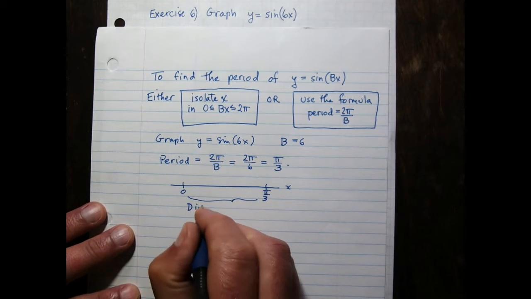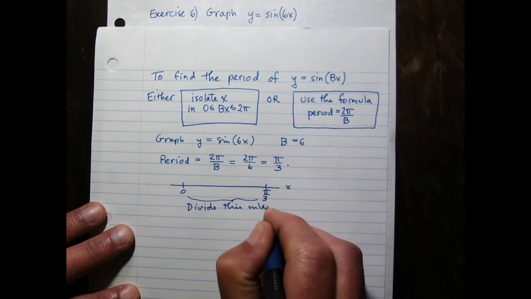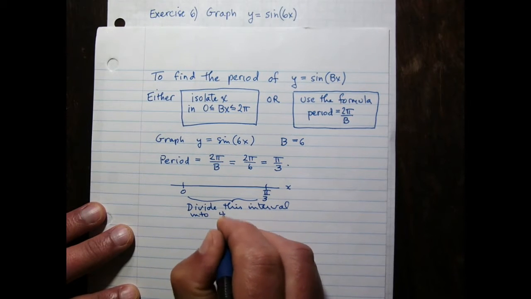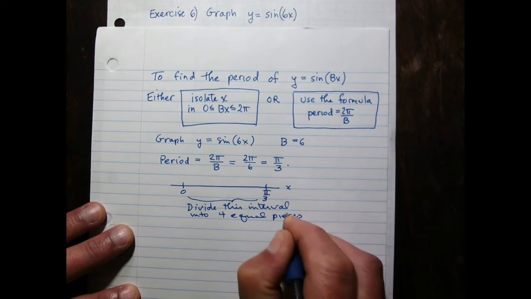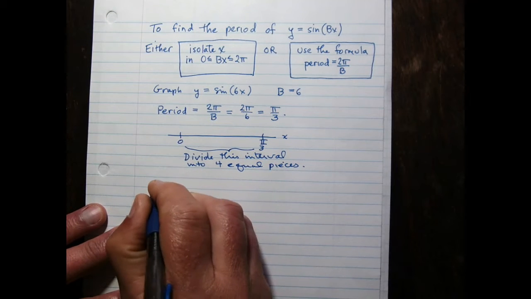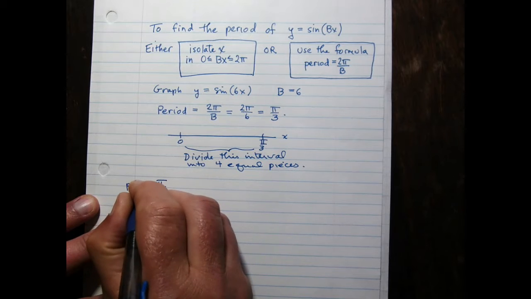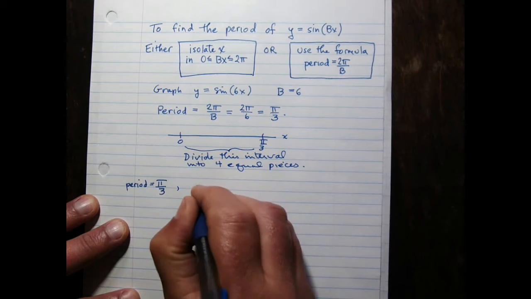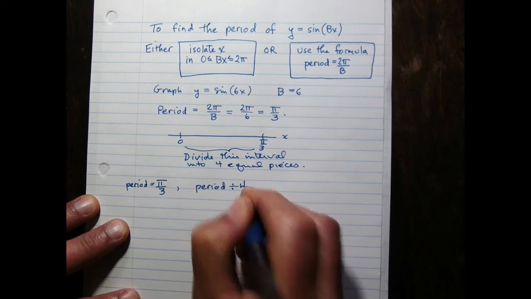we need to divide this interval into 4 equal pieces. So I'm actually going to take pi over 3, which is the period, I want to take the period and divide by 4.